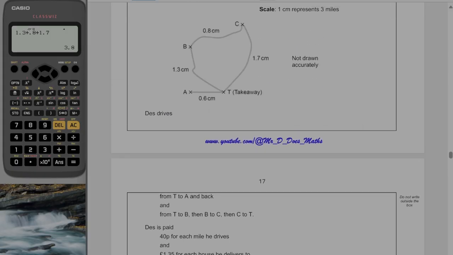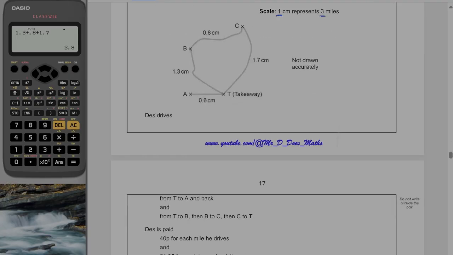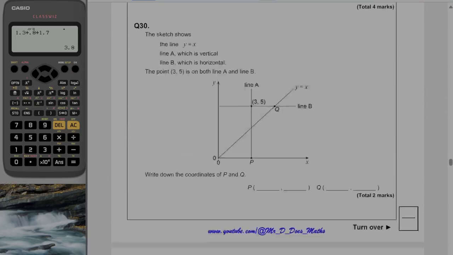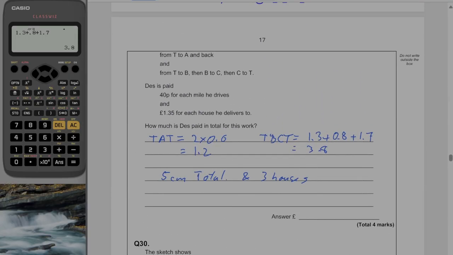Right, so we need to convert our centimeters into miles, so that 1 centimeter is 3 miles. So if he's done 5 centimeters, 5 times by 3 times by the price that he gets paid for driving. I'm going to go in pounds, times by 0.4 plus 3 lots of £1.35.